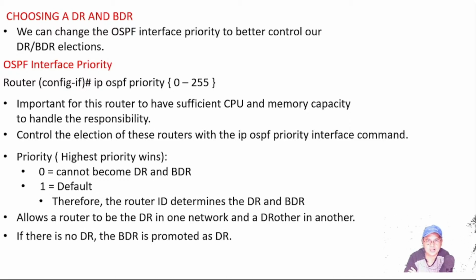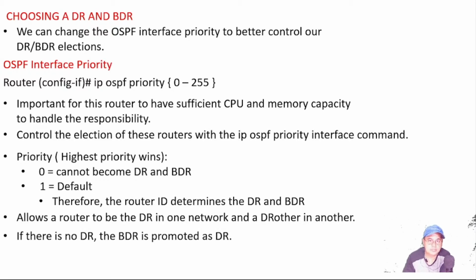So as an administrator, you can control that just to avoid the automatic assignment of DR. These are the following things that a network administrator does in order to influence or control the election of DR and BDR.